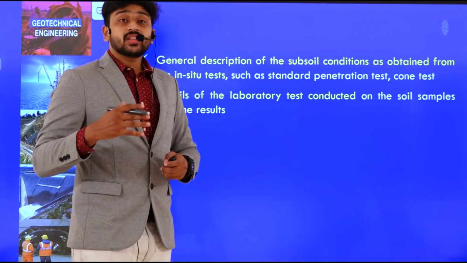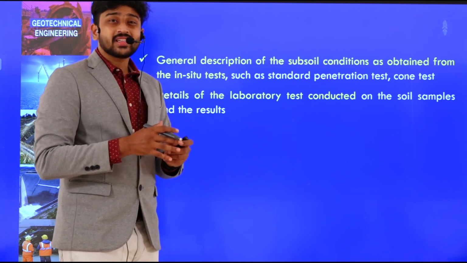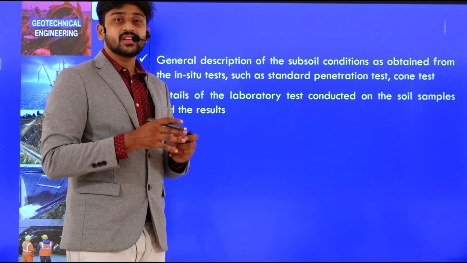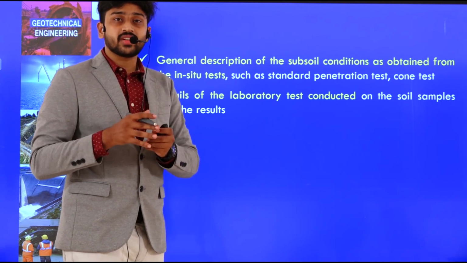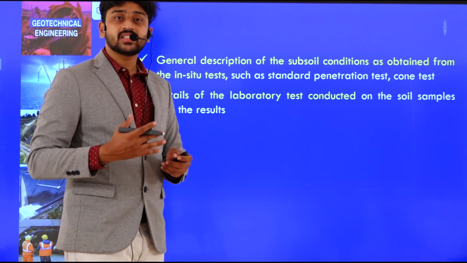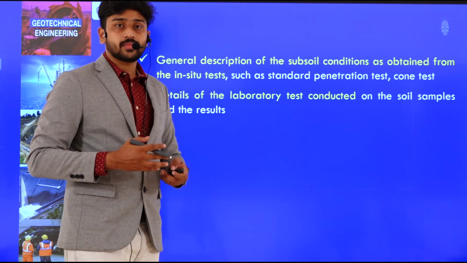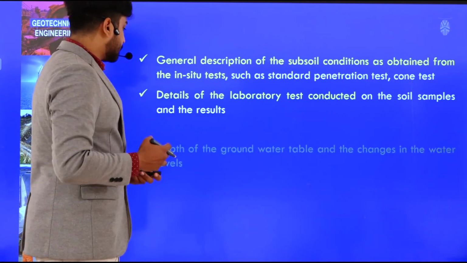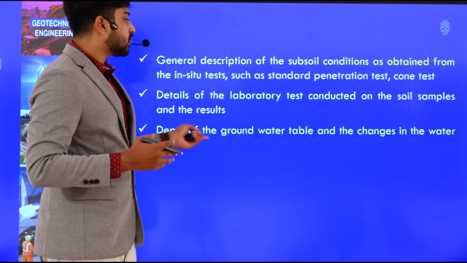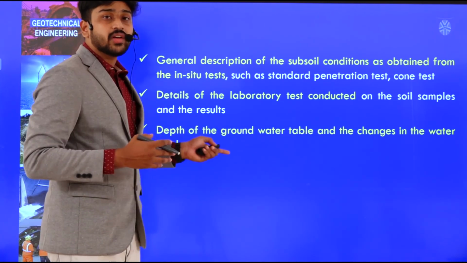Based on the tests performed in the laboratory, because we are collecting samples from this particular site location and taking them to the laboratory for testing, after testing we obtain certain index as well as engineering properties. All these have to be mentioned in this report. Now the other thing is the depth of the groundwater table as well as the changes of the water table level must be mentioned.